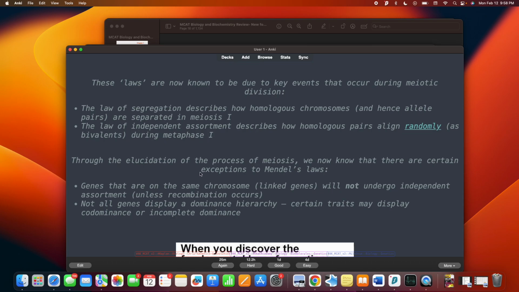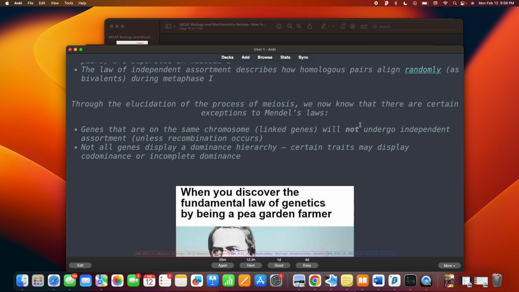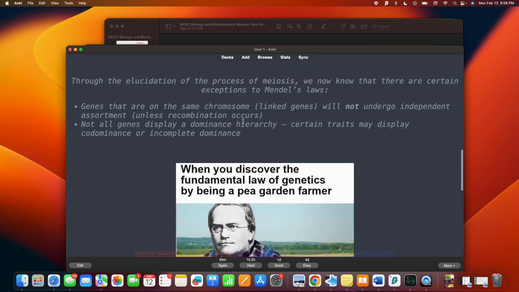Through the elucidation of the process of meiosis, we know that there are certain exceptions to Mendel's laws. Genes that are on the same chromosome, linked genes, will not undergo independent assortment. So the exception is actually this: the linked genes that are on the same chromosome will not undergo independent assortment unless recombination occurs.